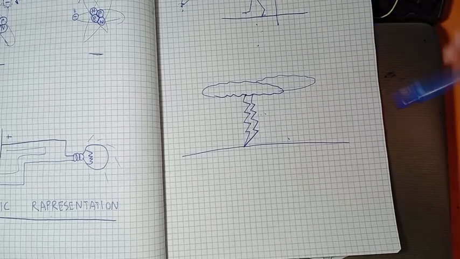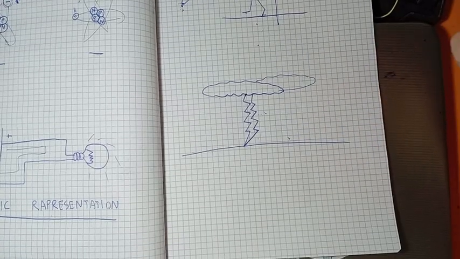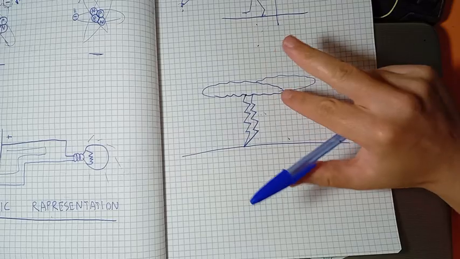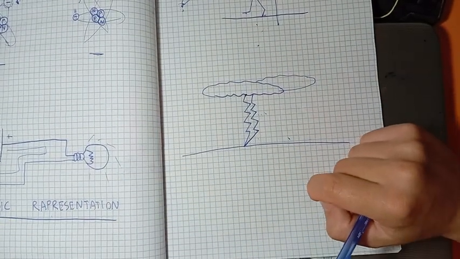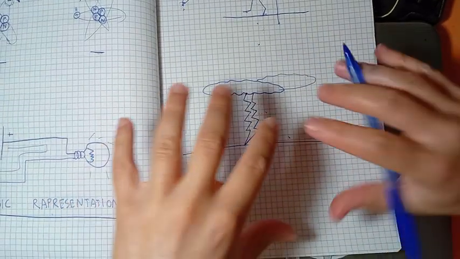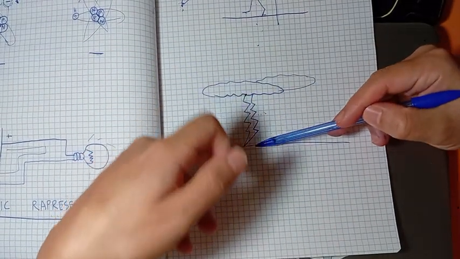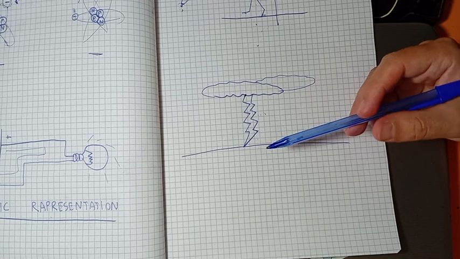So we have this phenomenon. What is this? How do you call it? A lightning. I think it's a lightning. This lightning basically is a flow of electrons, to fill this difference of potential. And what we see is the lightning moving from the cloud to the ground. This is what we see with our eyes, this is what it seems to us.